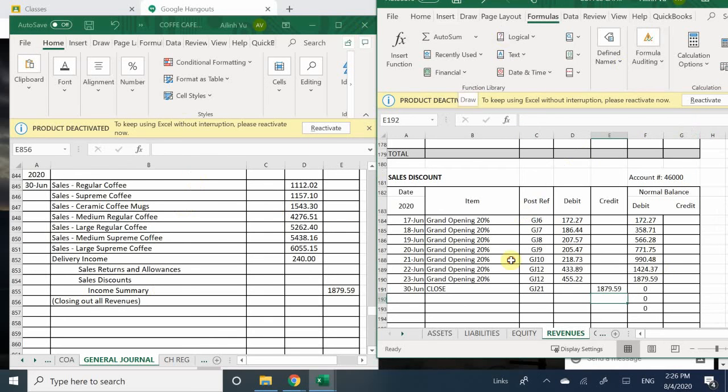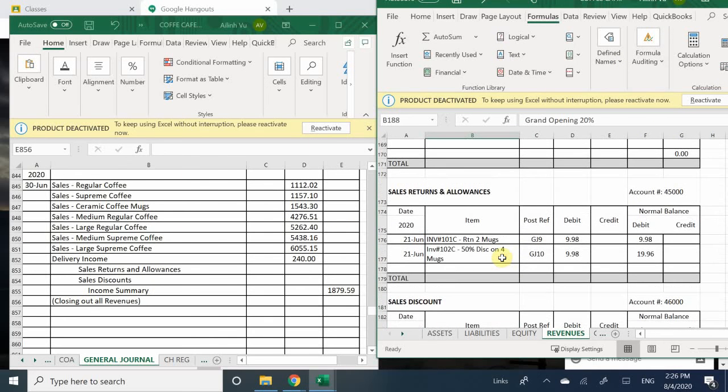So I believe I have one more left, which is this one, sales returns and allowances. So I'm going to go ahead and enter here for closing for general journal number 21. In this case, my running balance is right here. So I have a debit balance of $1996.